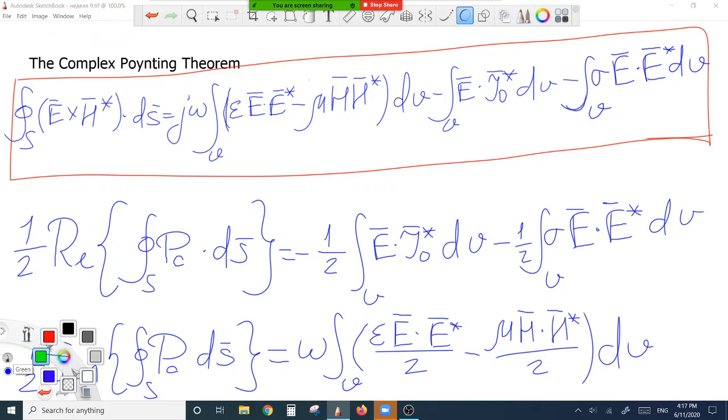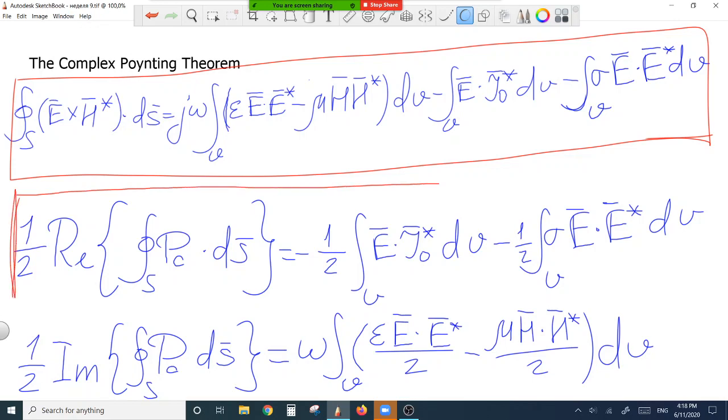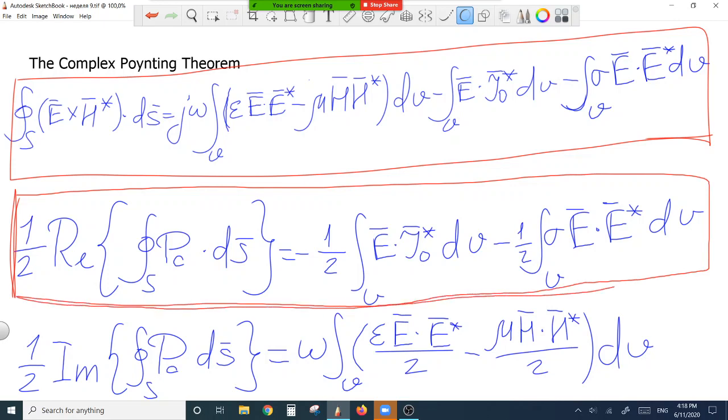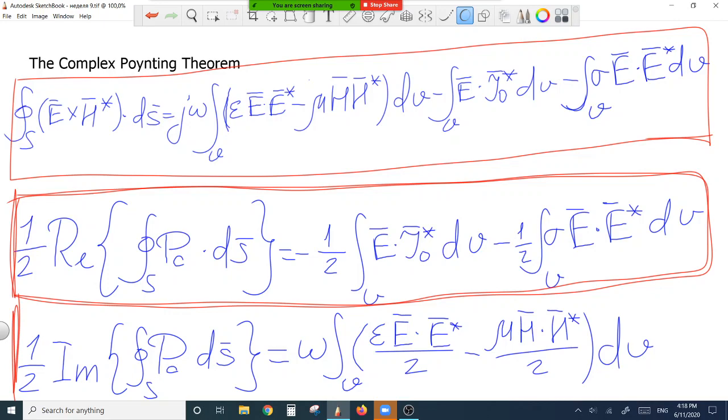Let me highlight these two equations, equation number 1 and equation number 2.